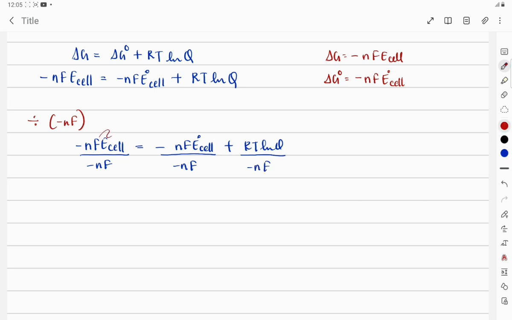So here in the numerator and denominator I have minus NF, so in this case also. But here I do not have such common terms, there is nothing to cut.